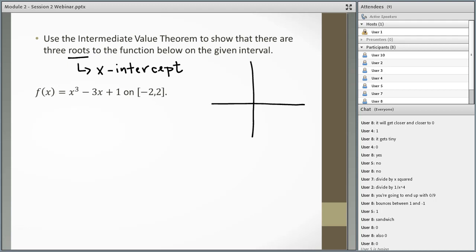Very good. So a root, or a zero, another word for root, or solution, or x-intercept. So on the x-axis, we know that y equals 0.